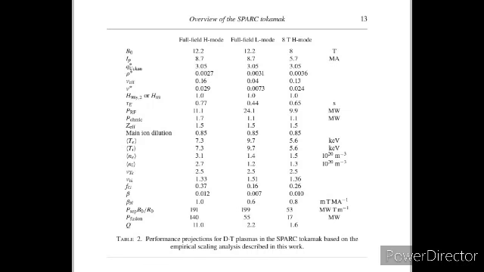Note that the dependency of Q on the volume average density is sensitive to several details of the POPCON modeling, in particular on the density peaking. If one assumes constant density peaking, then moving to higher density generally improves the fusion gain.